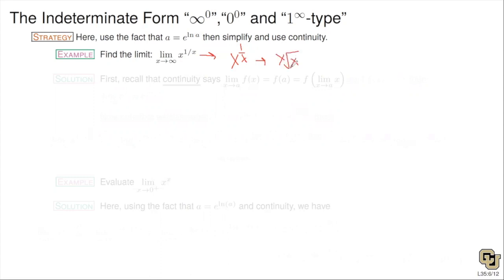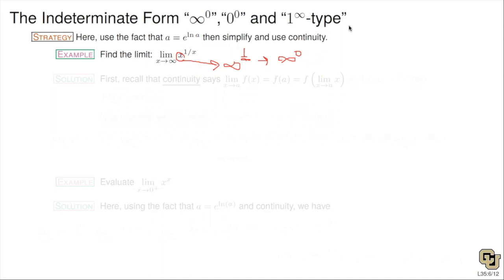I don't know, what does that even mean? So let's try the limit. When you send x to infinity, the base goes to infinity. 1 over x goes to 1 over infinity. So the limit here is infinity raised to the 1 over infinity, or infinity raised to the 0. That's one of our indeterminate forms.